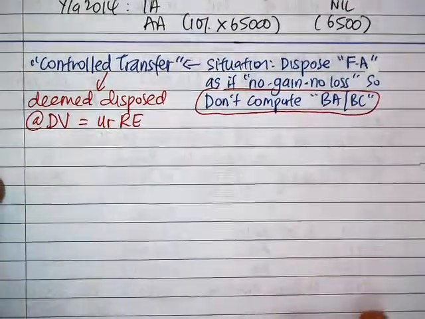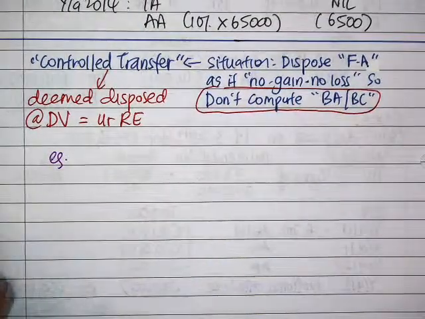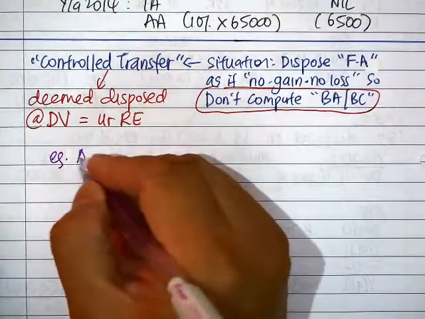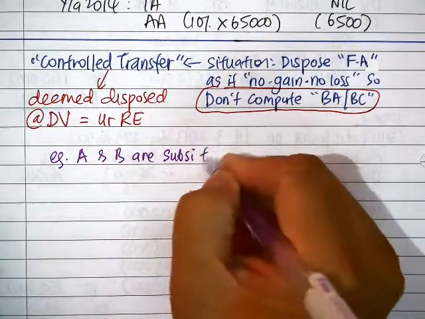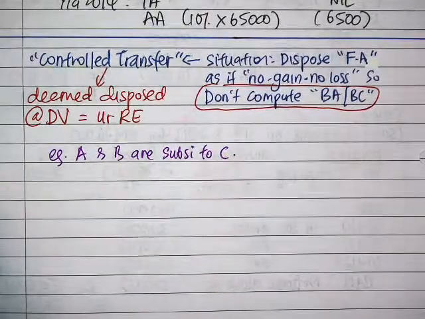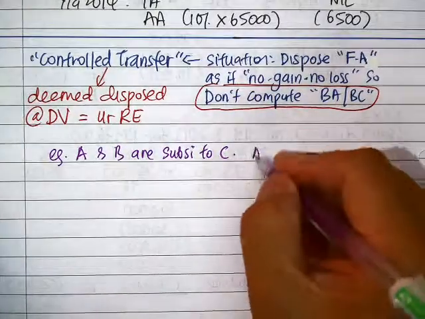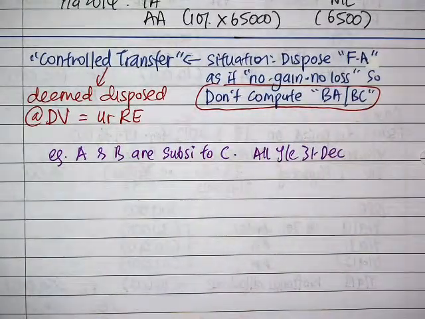Okay, very simple. Let's say, for example, A and B are subsidiaries of C. All the year end is 31st December.